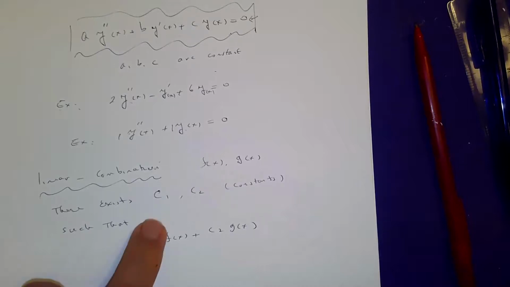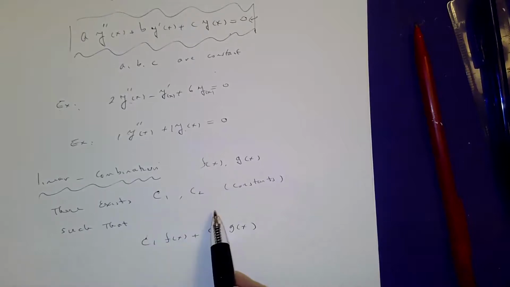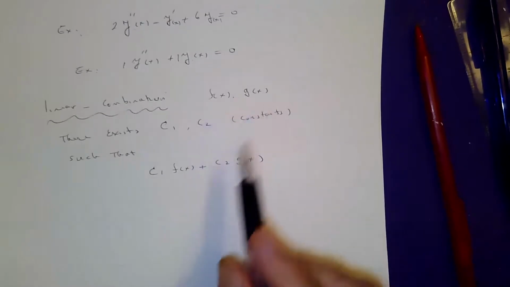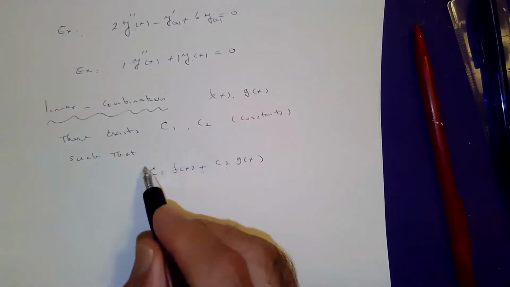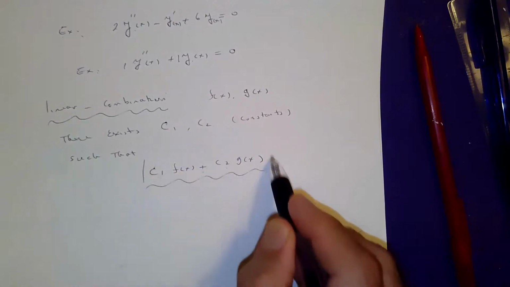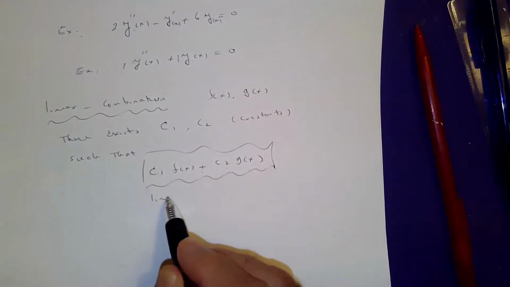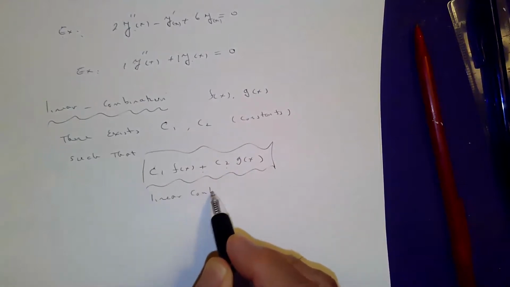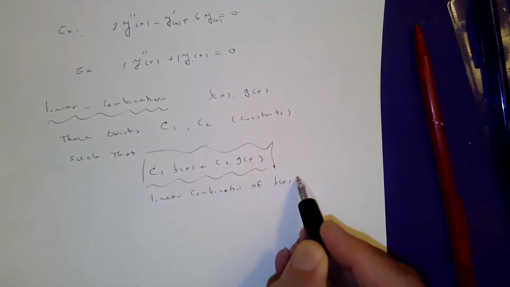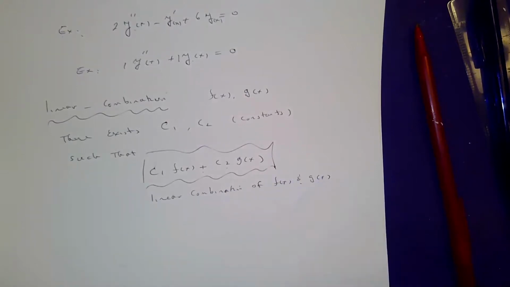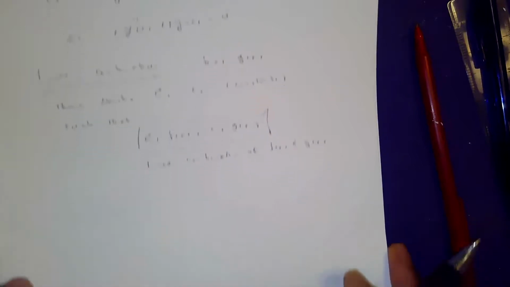So if you can find constants such that you can express the function as a summation of different scalars times these two functions, the result is called a linear combination of f of x and g of x. That's how we read this.